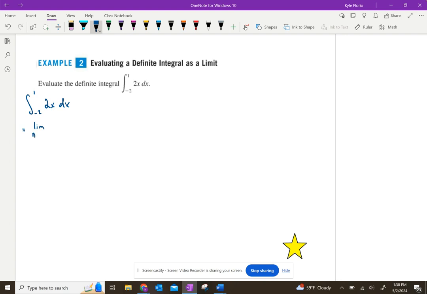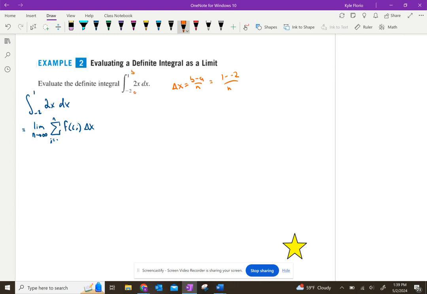Now, I'm just going to use our original definition as the number of rectangles goes to infinity of a sum where i goes from 1 to n of f of c_i delta x, and delta x is the width of our intervals. So delta x is (b minus a) over n, and we're going from -2 to 1, so that's our a and b. So it's going to be (1 minus -2) over n.